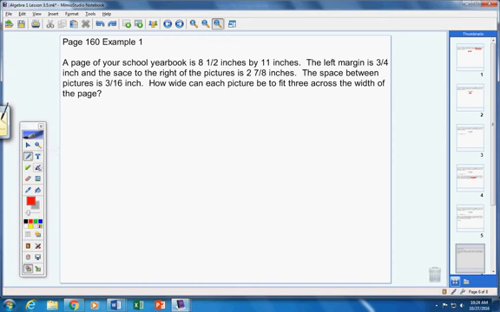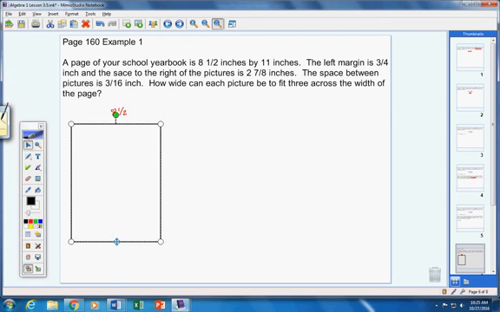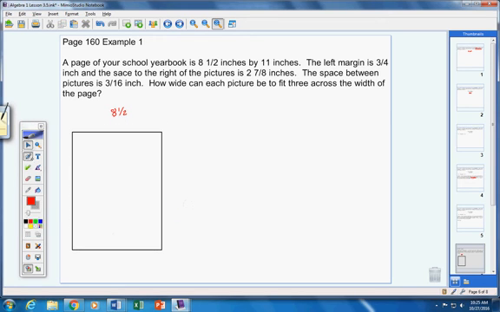So let's get a picture of that over here off to the side. Okay, there we go. And so, it's 8.5. I'm going to lower this just down for a reason, just a little bit. It's 8.5 by 11 inches, okay? The left margin is 3/4 of an inch.